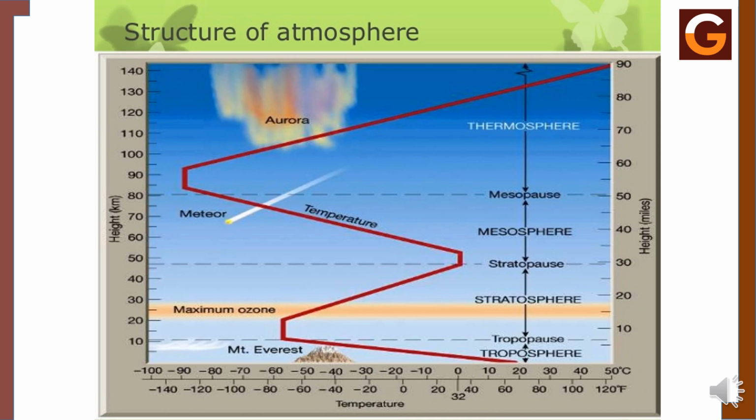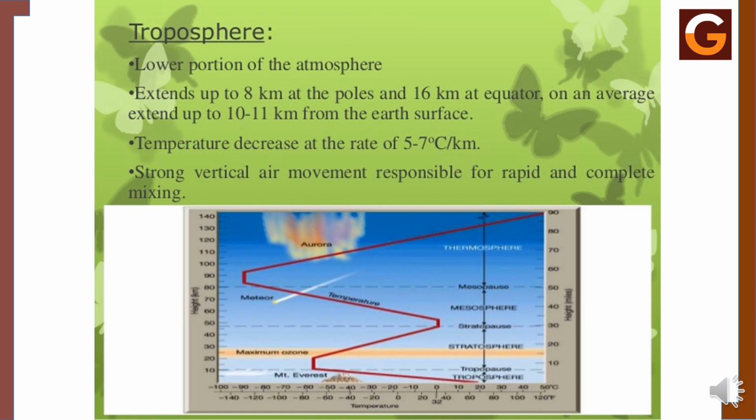When coming to the structure of atmosphere, this atmosphere is divided into different layers, which includes troposphere, stratosphere, mesosphere, thermosphere, and exosphere. When talking about troposphere, troposphere is the lower portion of the atmosphere. It extends up to 8 kilometers at the pole and 16 kilometers at the equator.